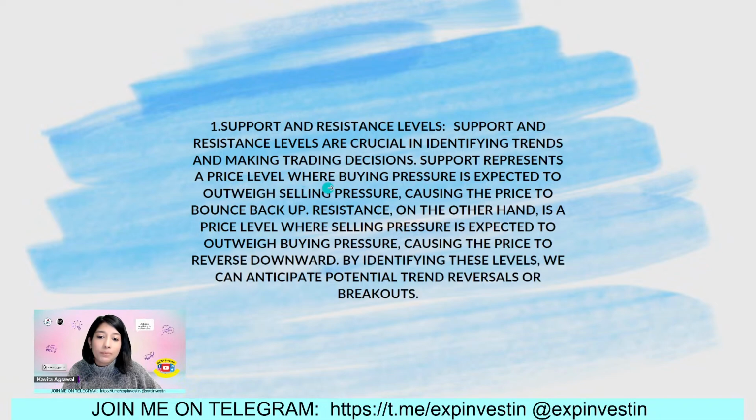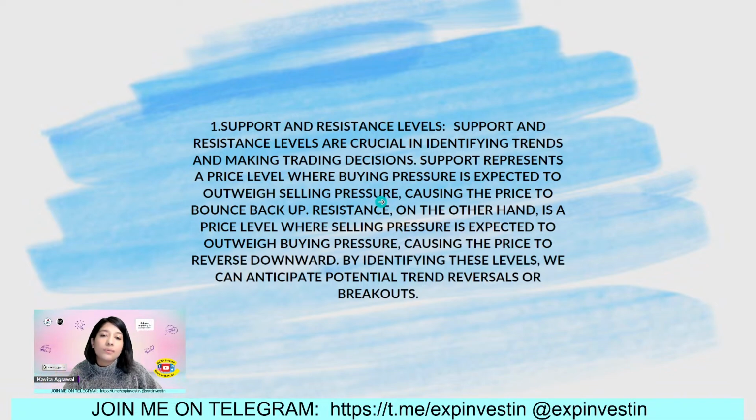Support represents the price levels where buying pressure is expected to outweigh selling pressure. How do you identify these support zones? Basically, look at the historical charts or historical price action and see what are the levels where price has regularly turned back up after some downside.